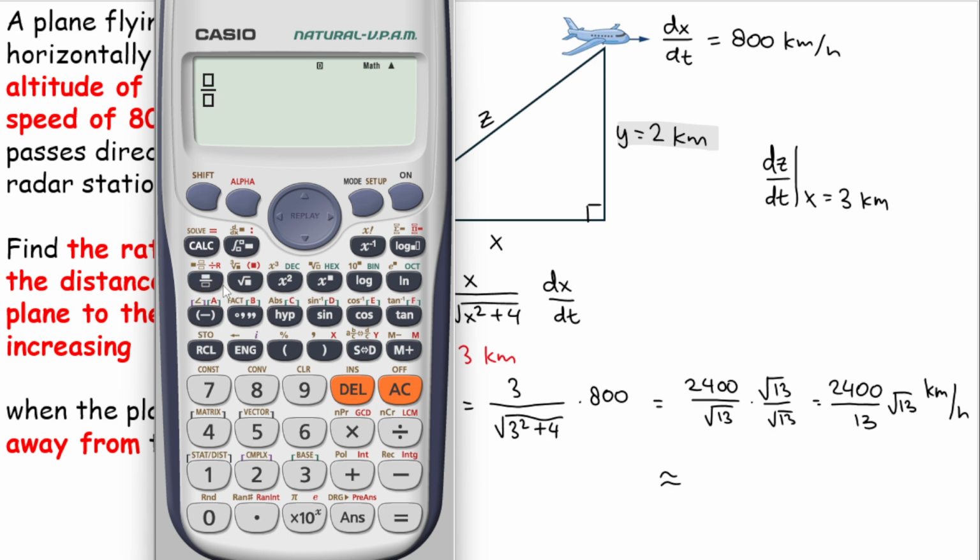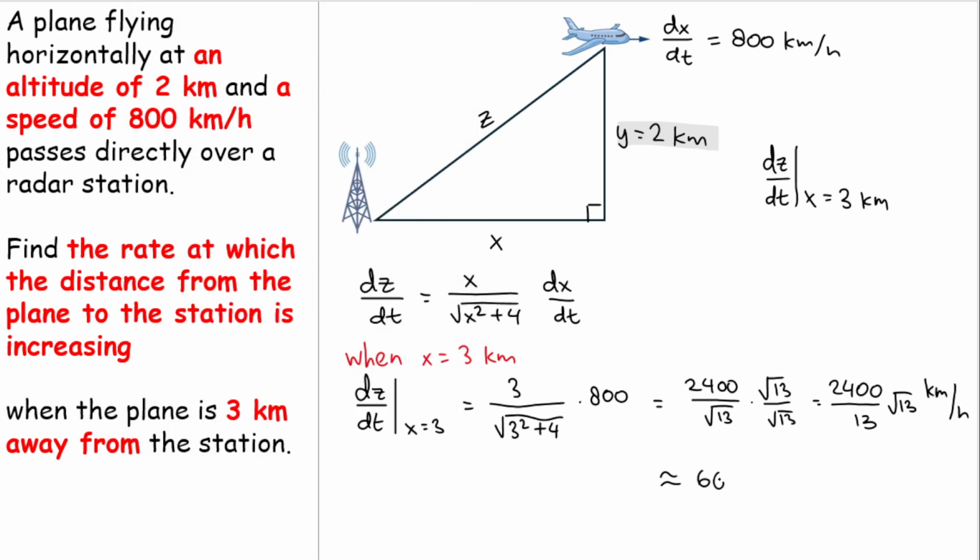So we will have 2400 divided by 13 multiplied by the square root of 13, and I will have 665.64. The unit here will be kilometers per hour.